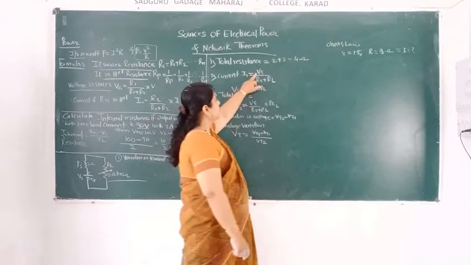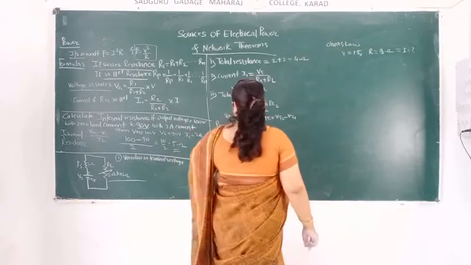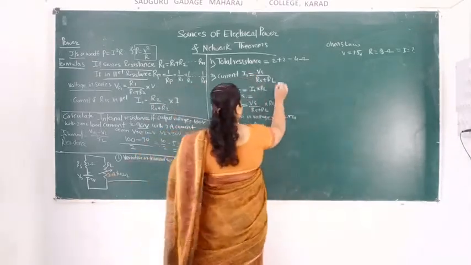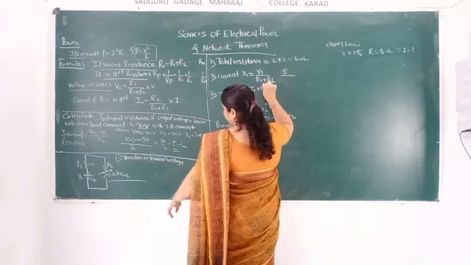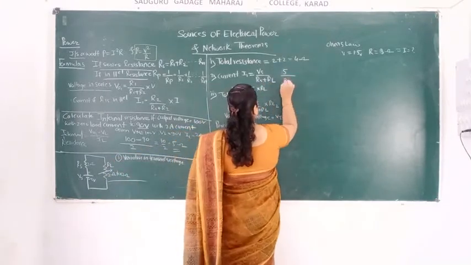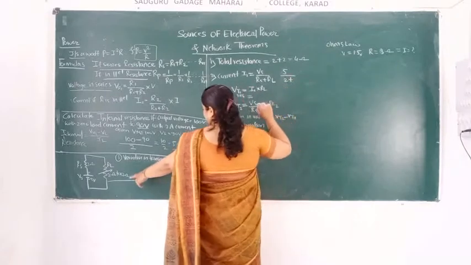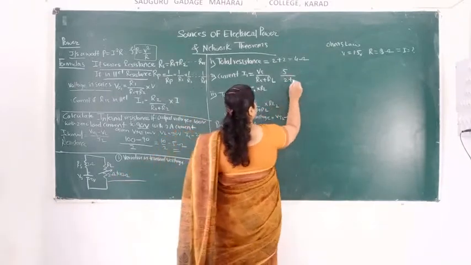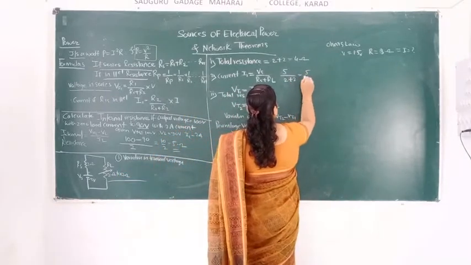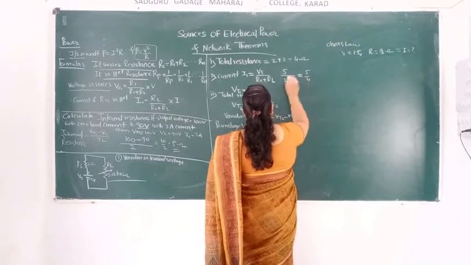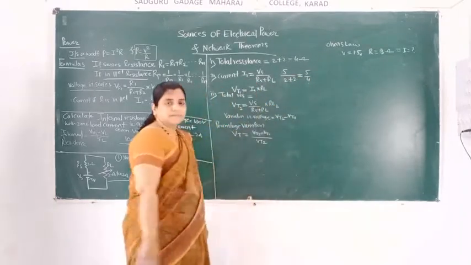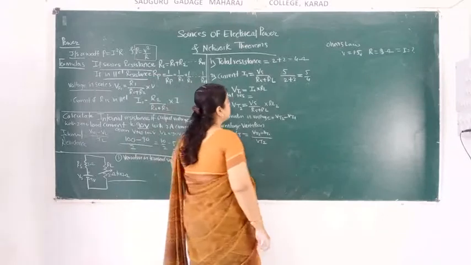Current is equal to Vs upon Rs plus RL. Vs is given, how much is it given, 5 volt. Rs is given, that is 2 ohm, plus RL is again given. We are taking this RL, that is 4, so 5 upon 4 is the current.